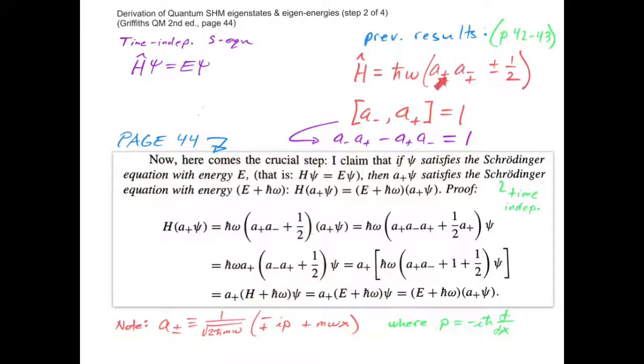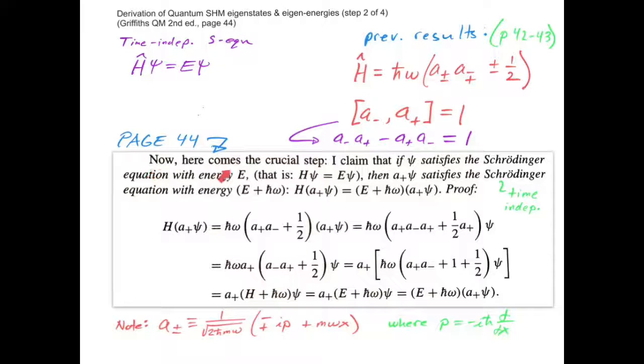We can either take the top signs, the plus here, the minus there, and the plus there, or we could take the bottom signs, the minus here, the plus there, and the minus there. So this contains two equations. We also need this result for the commutator of the A minus and A plus operators. That commutator turns out to be 1, which if we unpack with the definition of the commutator, we can rewrite like this.